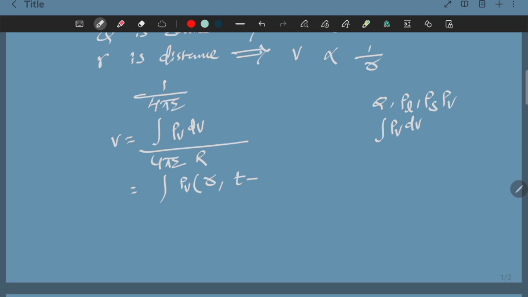Already I have told the response will not be coming immediately, instantly. So there is a delay because of the finite velocity. The delay we can represent with the distance by velocity, like this, t minus R by c, and here dv, then by 4 pi epsilon into R. This is the expression for the scalar potential.